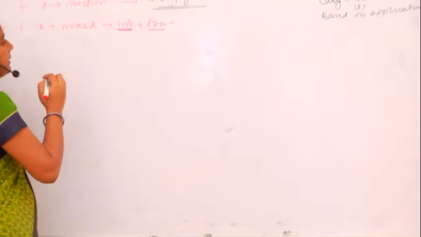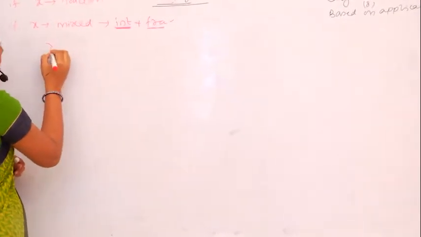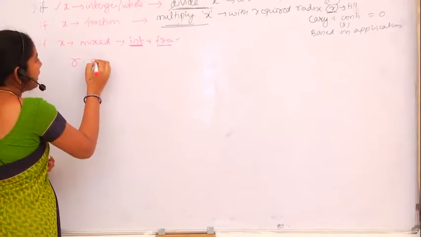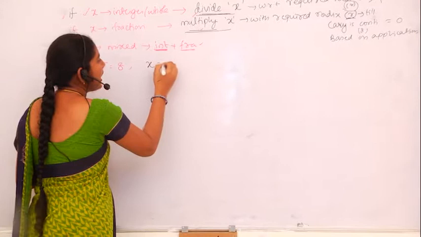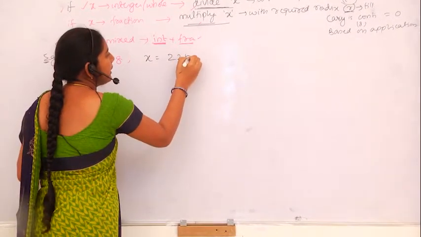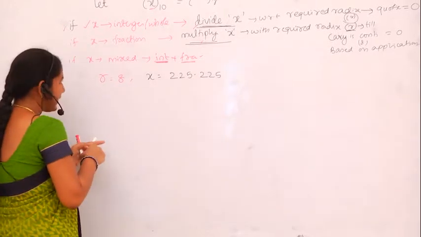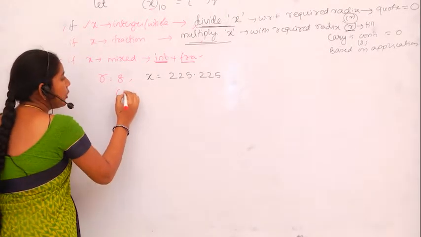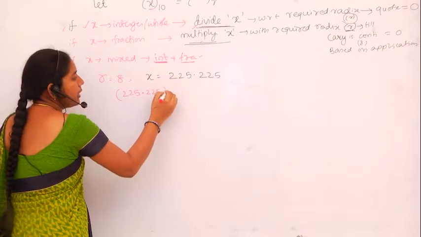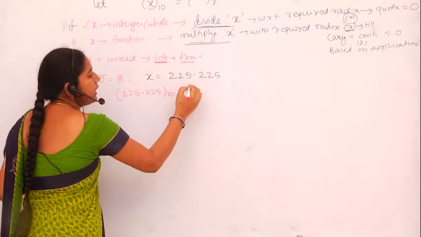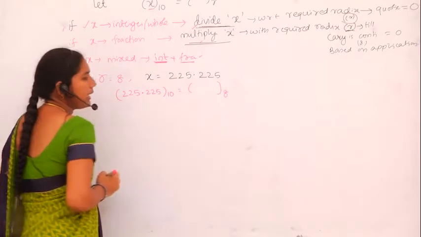Now I'll change the radix value. Let's take r equal to 8 and x value is 225.225. Now I can write this number like 225.225 of decimal needs to be converted into radix 8.